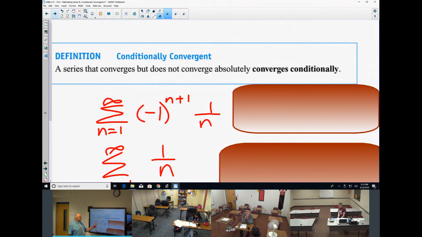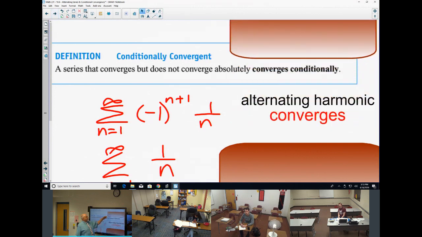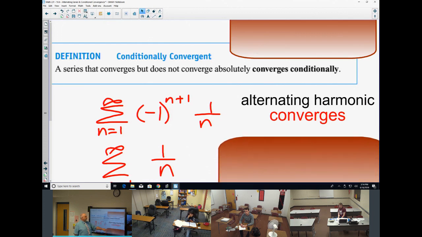We just showed that the alternating series, when you cover this up, actually passes the test. And so the alternating harmonic series converges. But if you take the absolute value, that gets rid of this, and you just test this, not with the alternating series test but just in general, that's the harmonic series, and it diverges.